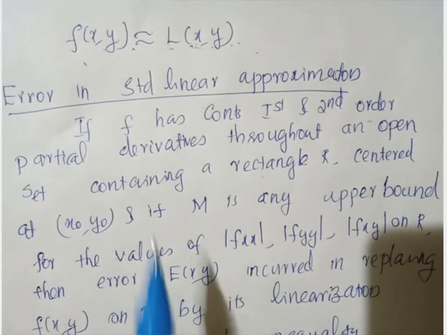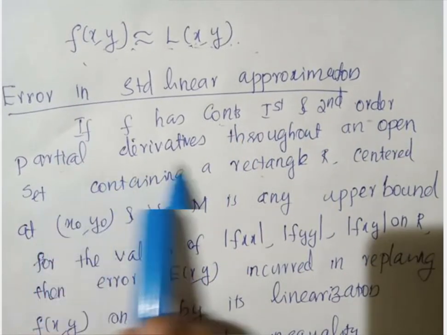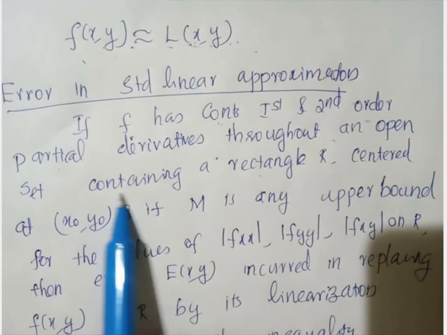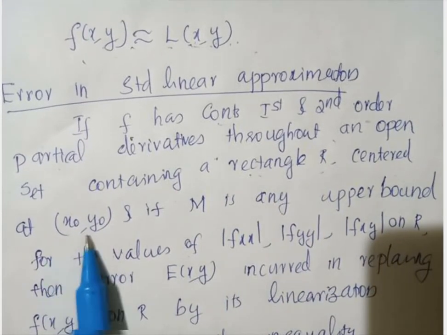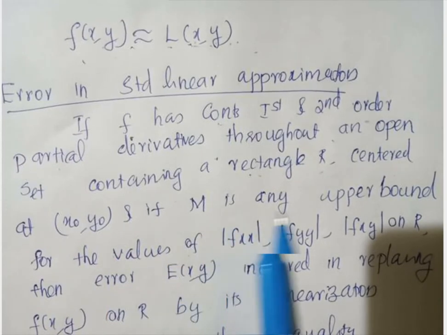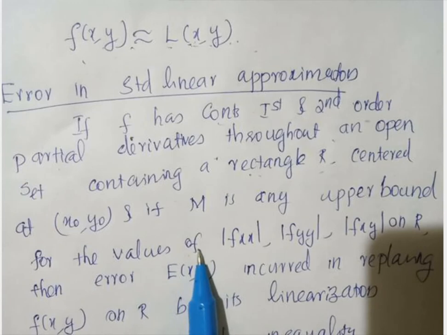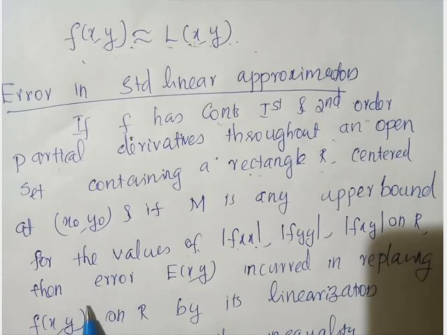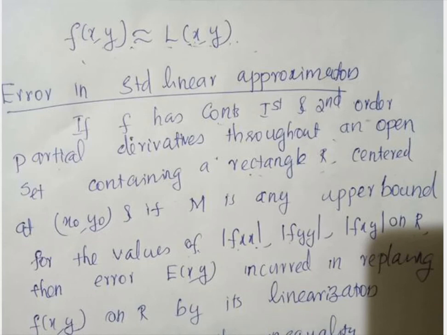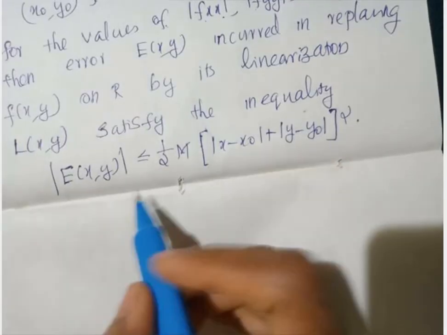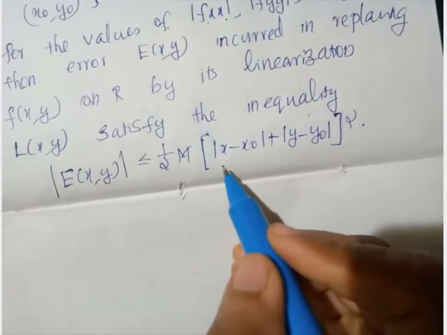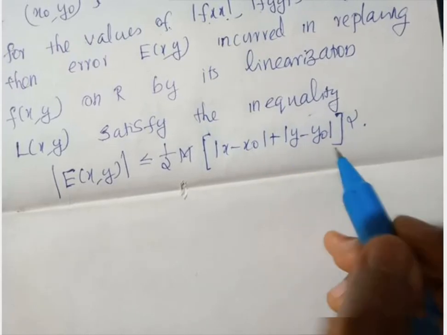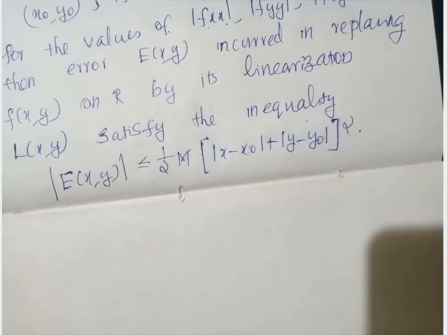If f has continuous first and second order partial derivatives throughout an open set containing a rectangle R centered at x0, y0, and if capital M is any upper bound for the values of mod fxx, mod fyy, mod fxy on R, then the error E of x, y incurred in replacing f of x, y on R by its linearization L of x, y satisfies the inequality mod E of x, y is less than or equal to half M into mod x minus x0 plus mod y minus y0, whole square. This is the error term.